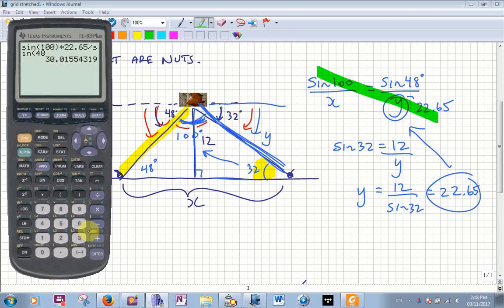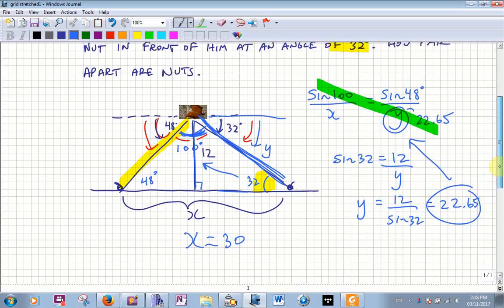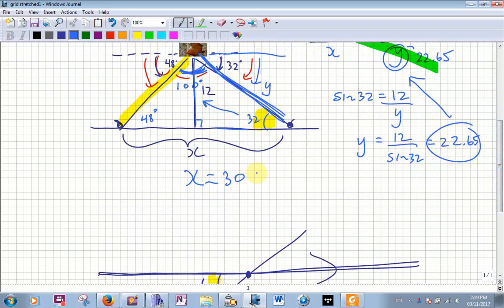Rounded to whatever it asked you to round for. It didn't say, so let's call it 30. Nice round number, okay? Do I have units? 30 what? Feet. It's an American question. It's the American squirrel.